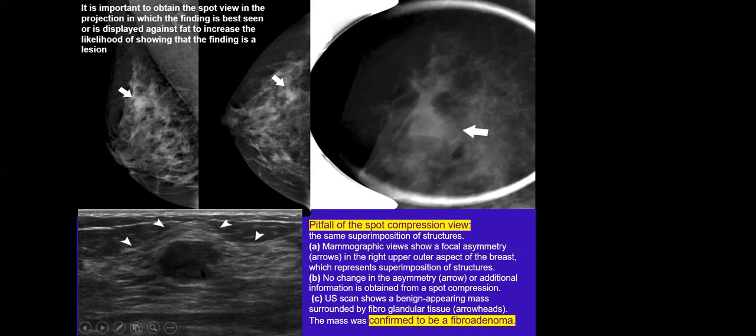But ultrasound demonstrates a probably benign mass, with overlying parenchyma obscuring this mass. That is why it is not appreciated in these spot magnification and spot compression projections. You see? That is why we said if you push it toward the area of fat, it might be helpful.